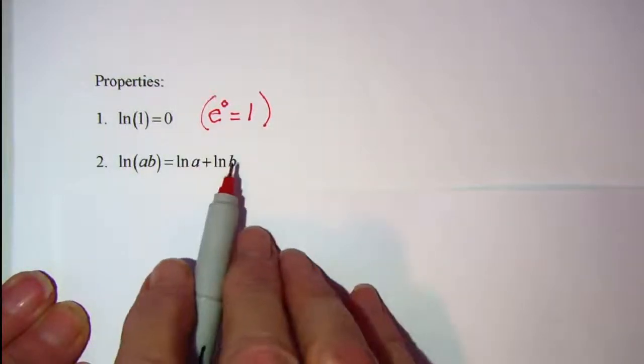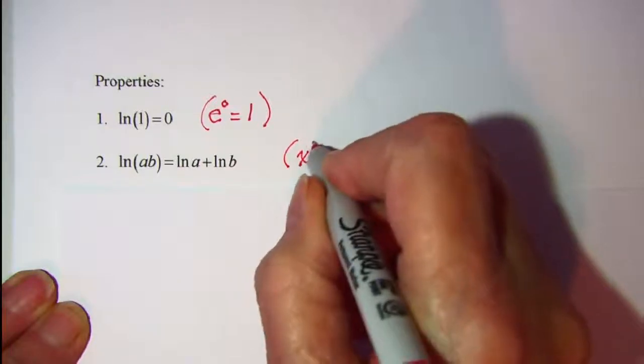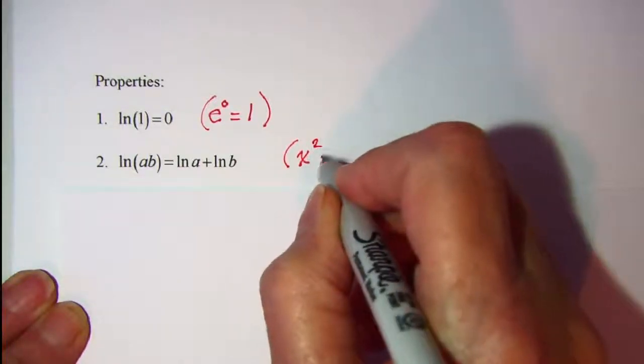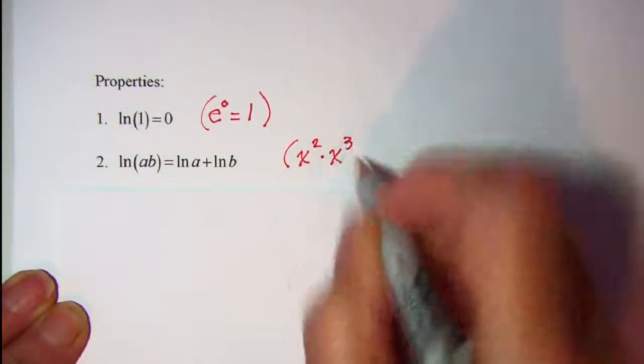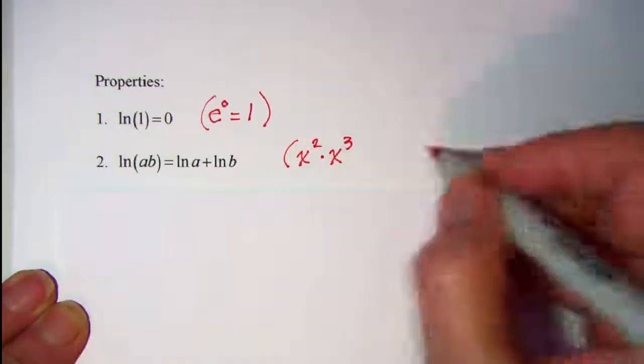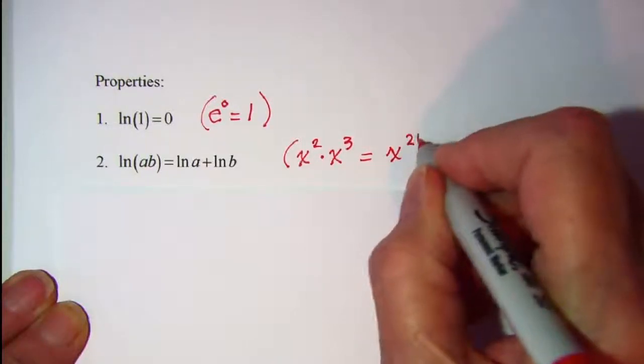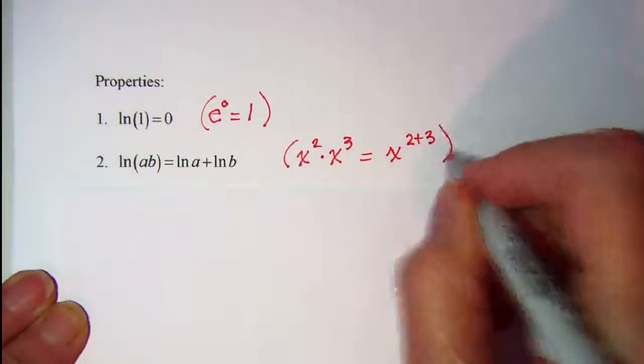So that'll help you remember. If you want to remember x squared times x cubed, that's your two exponentials multiplied together. That's the same as x to the 2 plus 3, because we add those exponents.